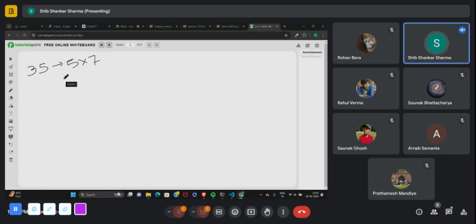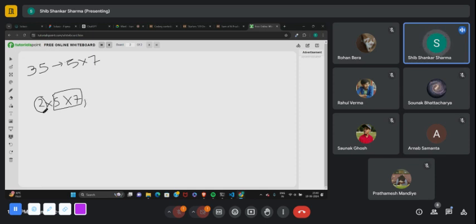If we have 2 into 5 into 7, this part is 35, and we are multiplying it with 2. If we try to find the greatest divisor of this number, 2 into 5 into 7, other than the number itself, then it's definitely 5 into 7, right?